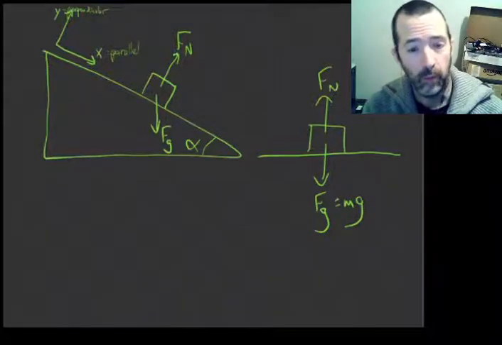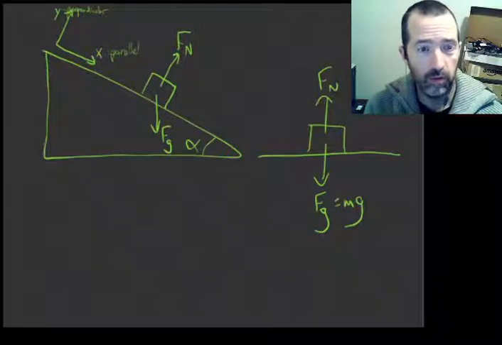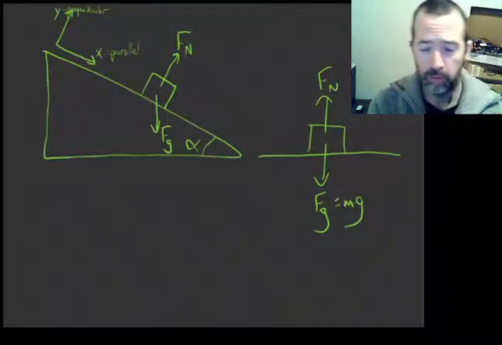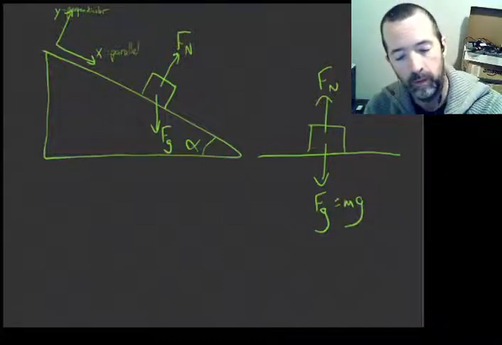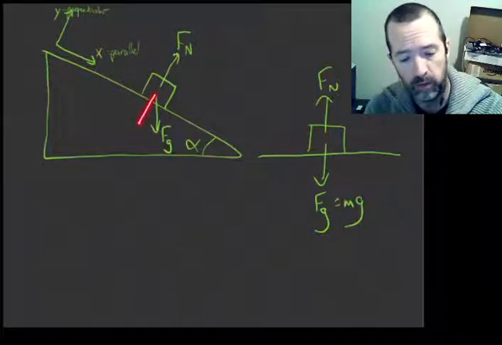So what I need to do is break the weight vector into a part that's parallel to the ramp and a part that's perpendicular to the ramp. So what that's roughly going to look like is a perpendicular component like this and a parallel component like this.